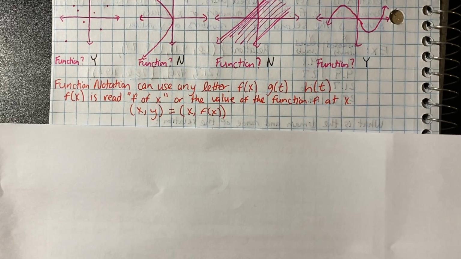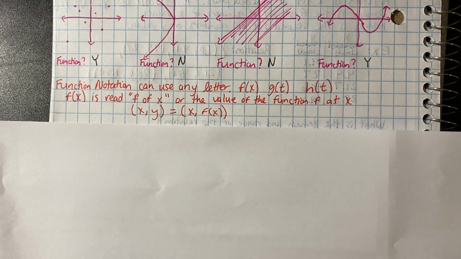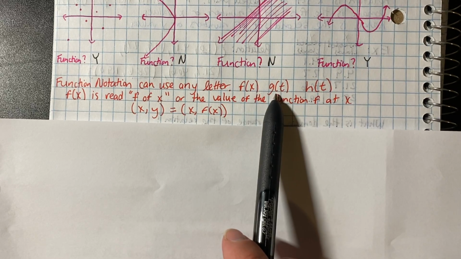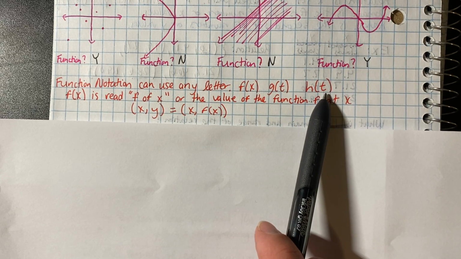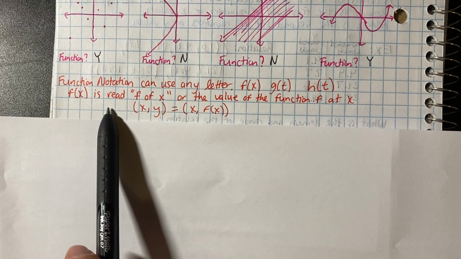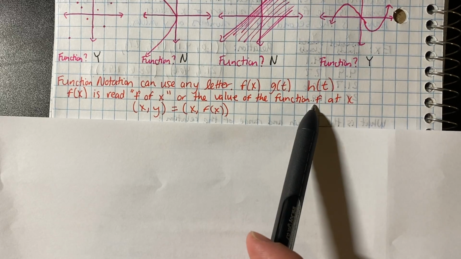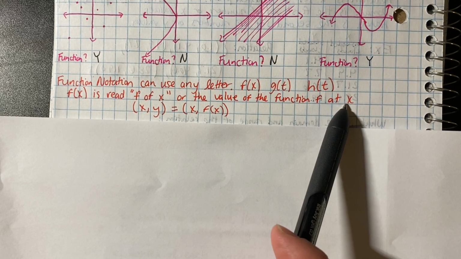All right. Function notation. Function notation can use any letter. So we could say f of x, g of t, h of t, okay? This right here is read f of x, or the value of the function f at x.